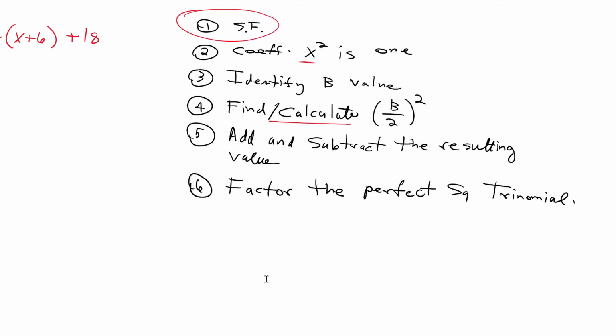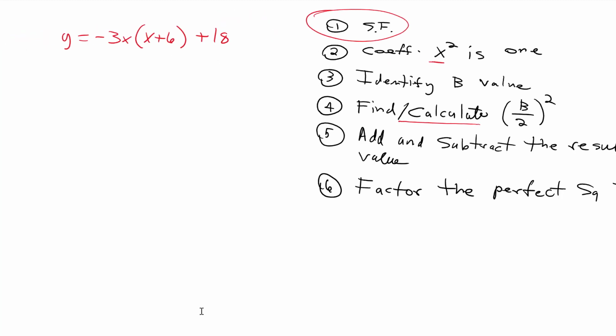So let's put it into standard form before we do anything else. Let's distribute this guy so we can continue with the rest of our steps. So this is going to be y equals -3x squared minus 18x plus 18.